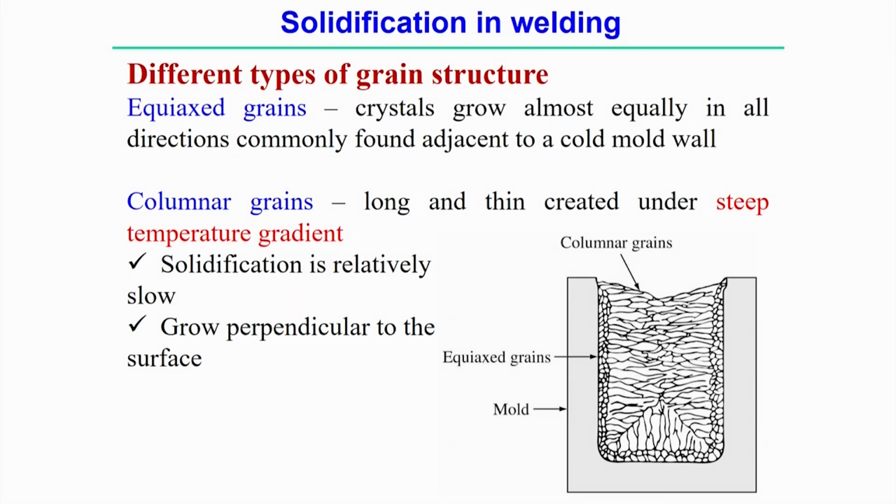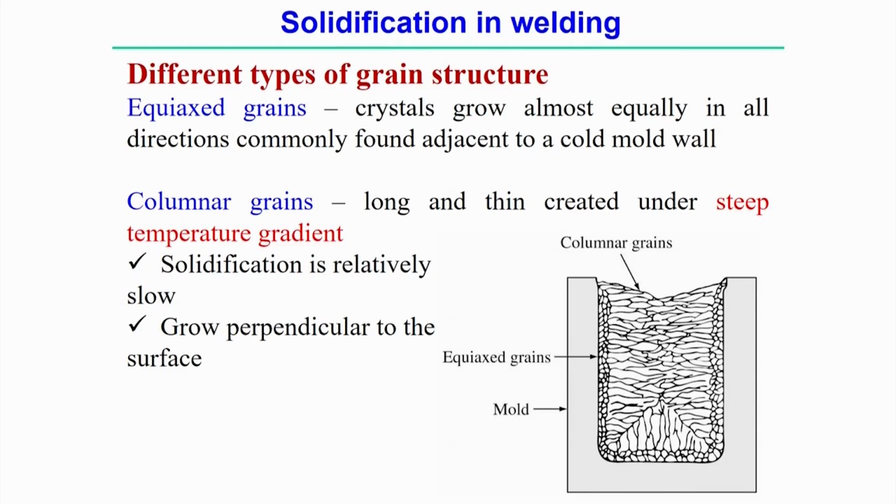So, along the surface we can find almost equal size of grains. Crystals grow almost equally in all directions, and this is commonly found adjacent to the cold metal wall. So, around the cold wall there is a formation of equiaxed grain structure.